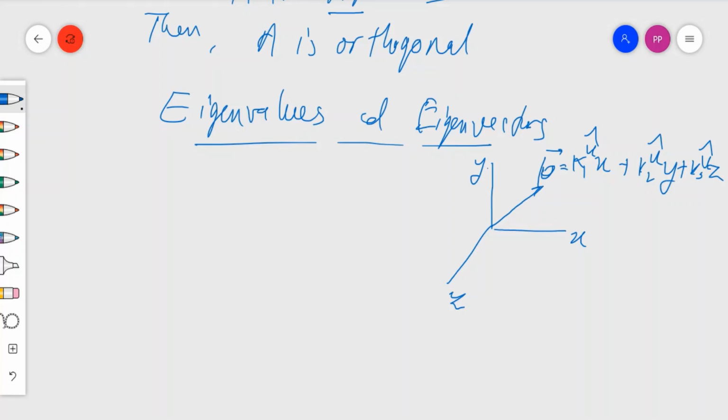And now suppose I do a matrix operation over this vector.